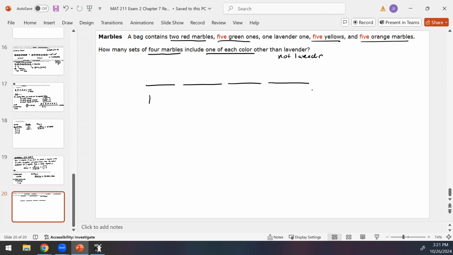So for my red marbles, I have 2, and I want to choose 1 of them, right? So 2 choose 1. And then for green, I have 5 of them, and I want to choose 1 of them. And then for yellow, I have 5 of them, and I want to choose 1 of them.